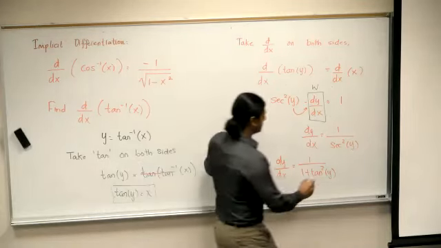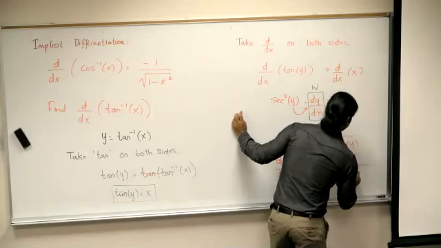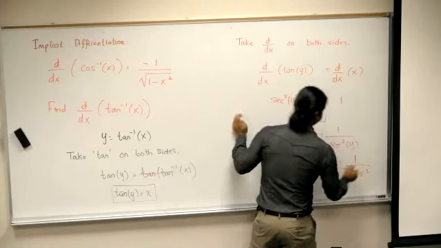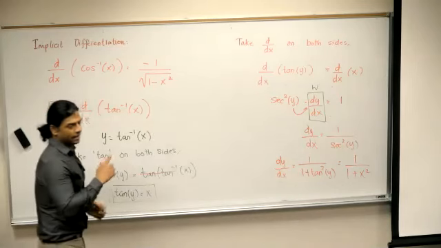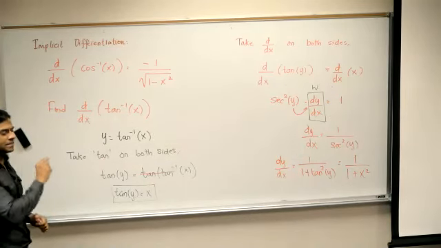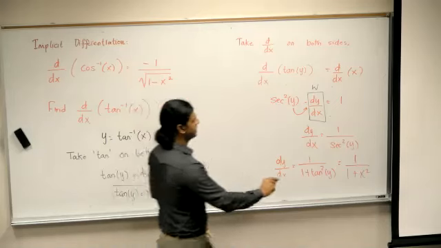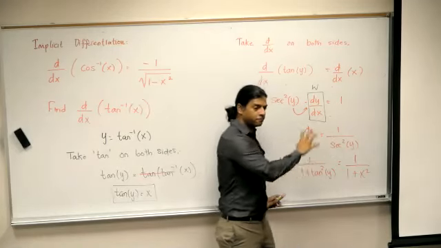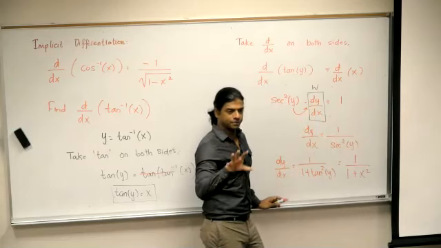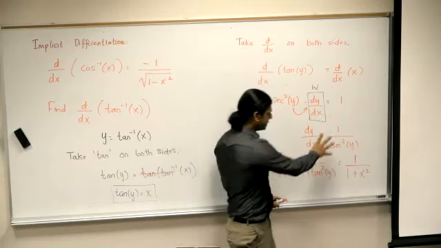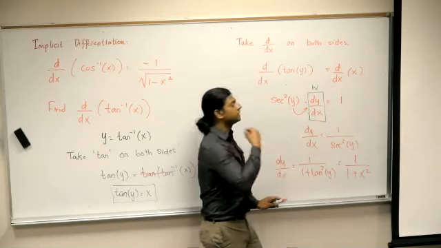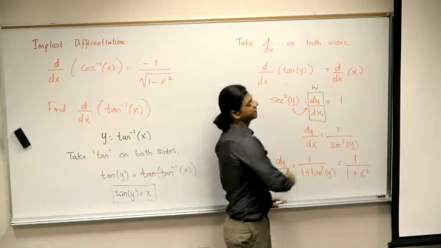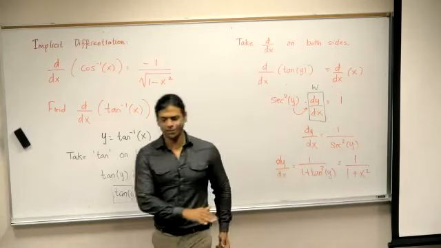So if I replace that, I have the derivative of tangent inverse of x to be 1 over 1 plus x squared, and that is a function of x. Do you get it? Purely. You could have left it here, but you should at least try to write it in terms of x, if at all possible.